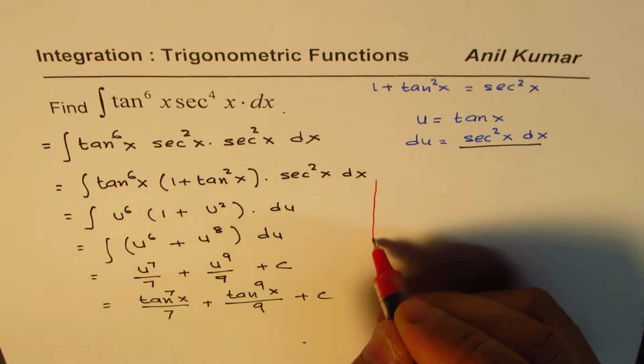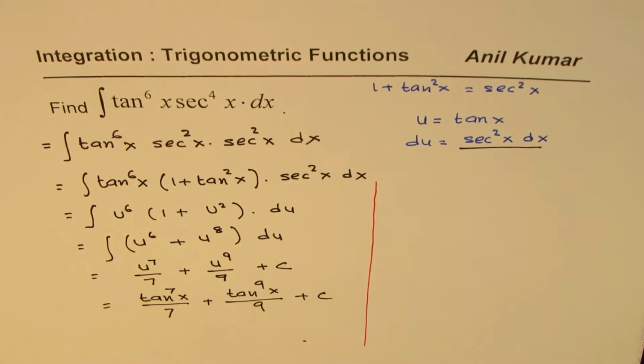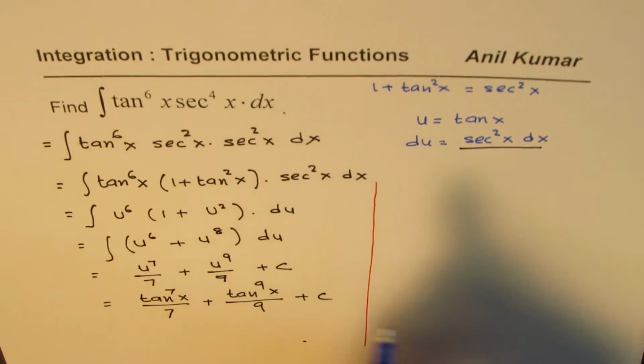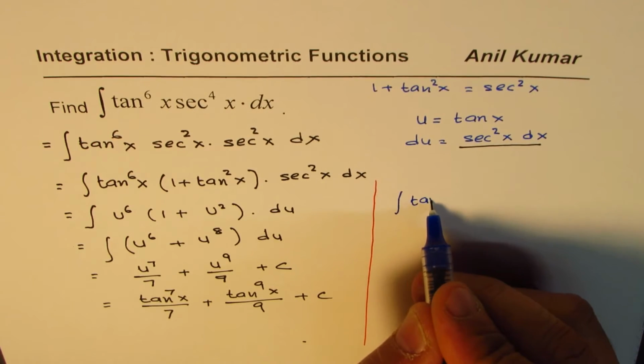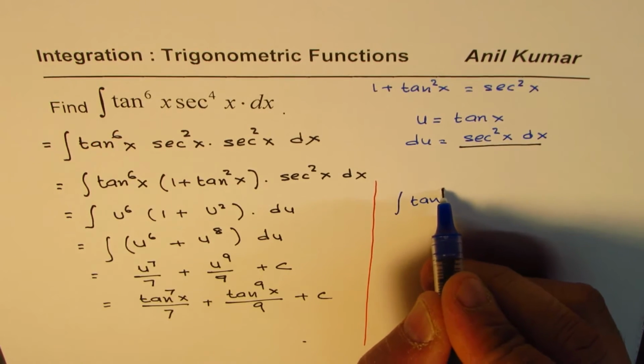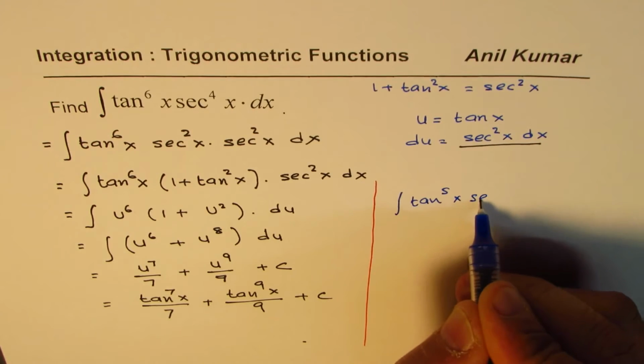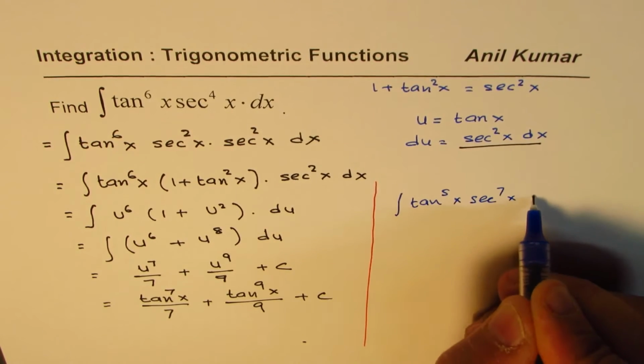Now we'll have another video to solve a similar question with slight variations. Instead of a combination with even powers, we could have this function with odd powers. For example, we could have tan 5x secant 7x dx, right?